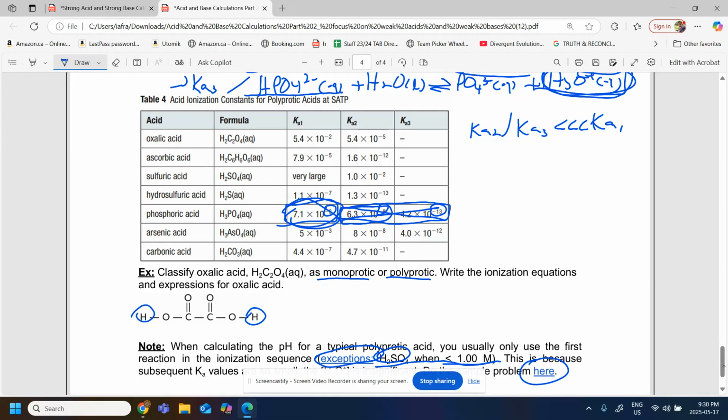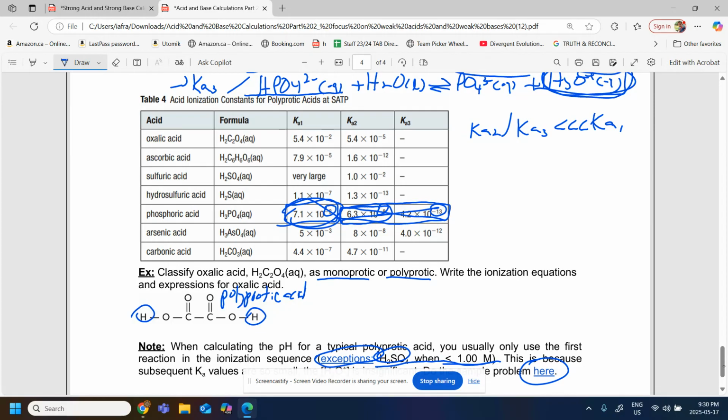So it looks like we have a polyprotic acid. Because we have a polyprotic acid, we're going to have two ionizations that we can write out. We don't need to calculate both, but we can write out both ionizations and associate them with their Kas.